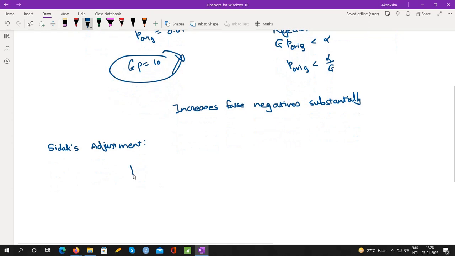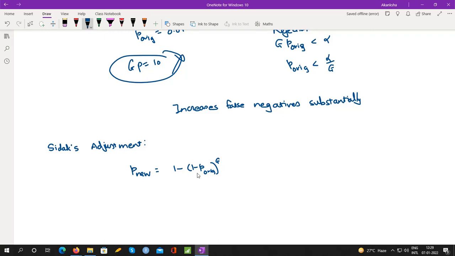It says that the adjusted p-value should be 1 minus (1 minus original p-value) raised to g, where g is again the total number of tests.